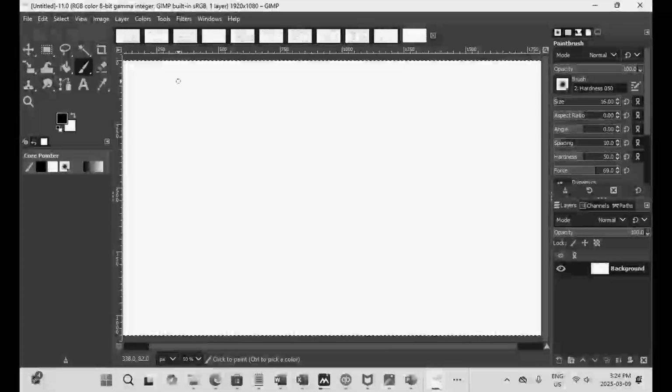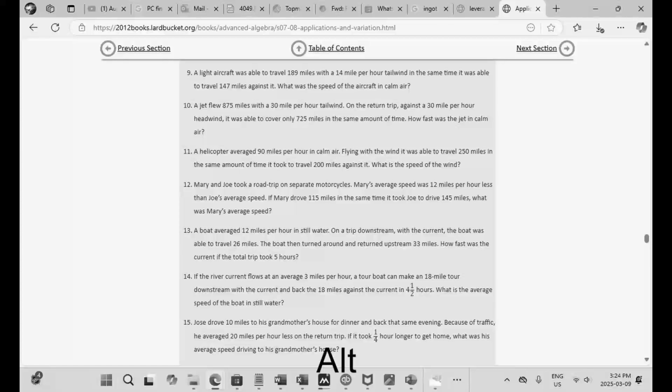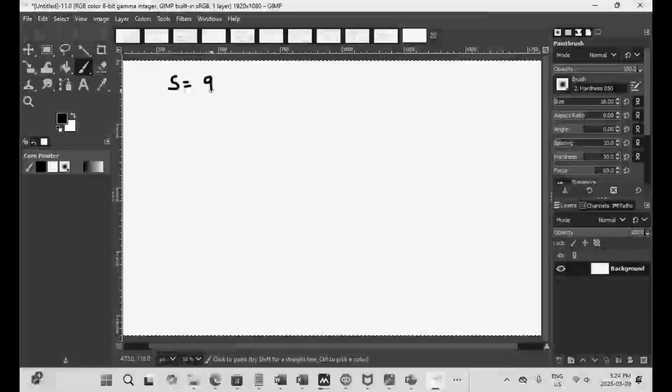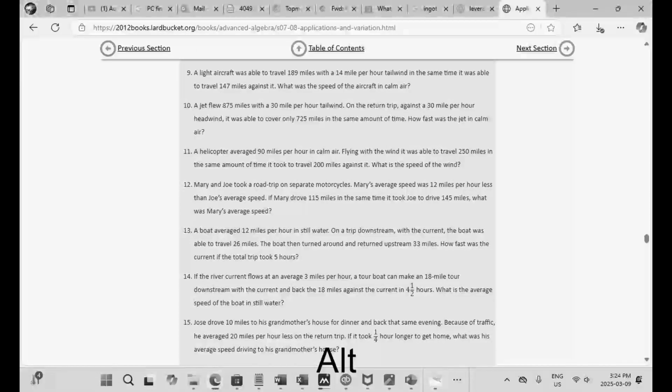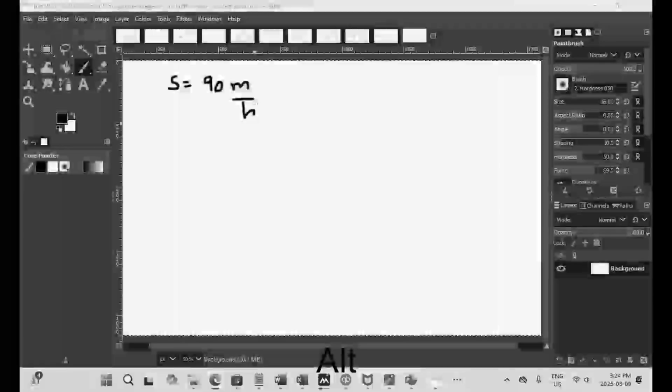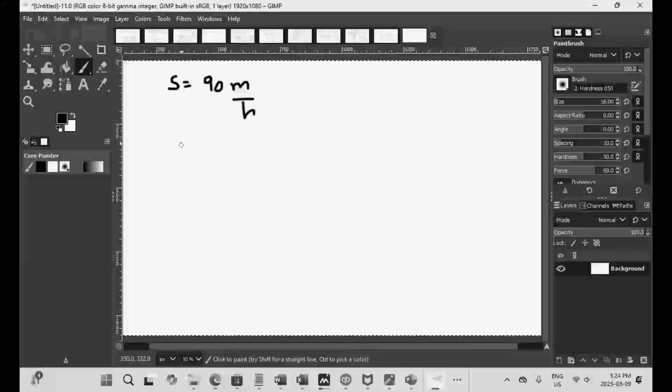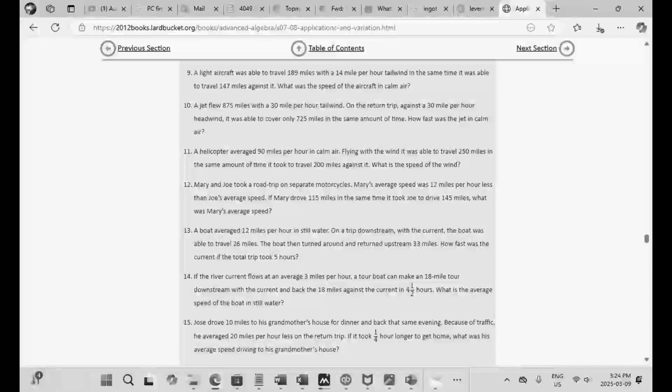So we know that the speed of the helicopter is 90 miles per hour. We also know that the total distance is 250 plus 200, which is 450 miles.